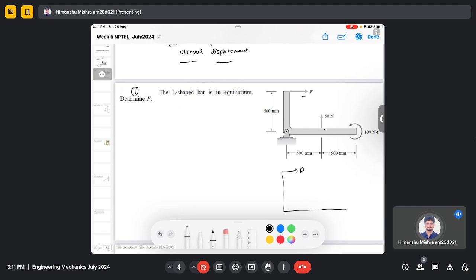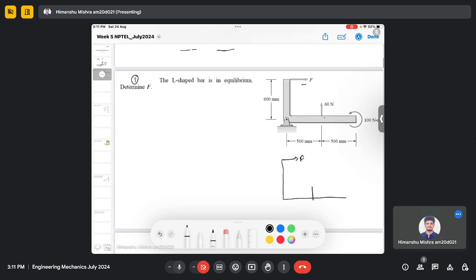So this is my force F. This is 60 Newton, and here we have a moment which is 100 Newton meter. This is 0.5 meter, and this is 0.5 meter, and this is 0.6 meter.